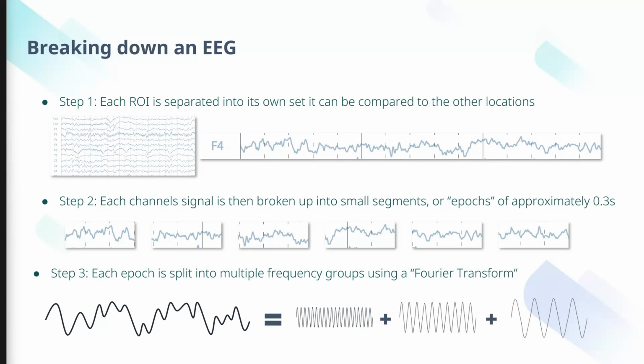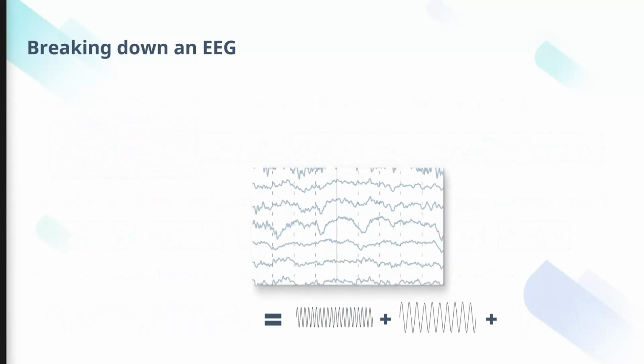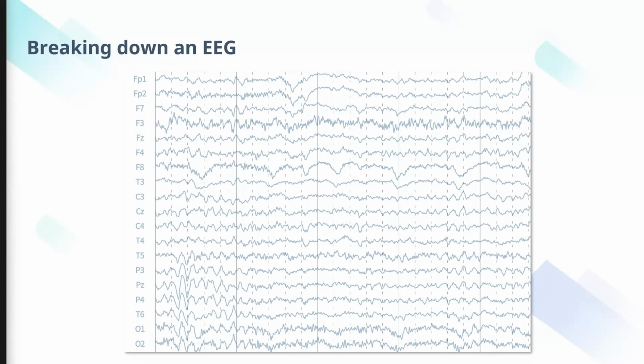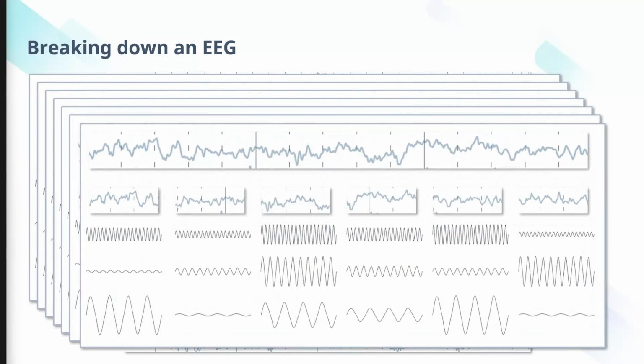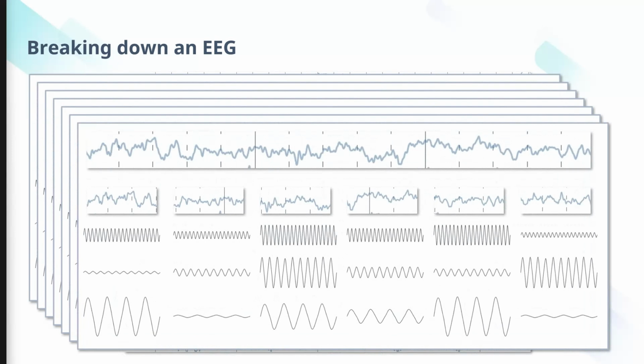We're not going to talk about the details of the Fourier transform today, but just know we're trying to take out how much beta is there, how much alpha, how much gamma, etc., and separate those into different signals. So with that whole breakdown, we're taking a bunch of data and splitting it, in our case, into 68 of these different signals, each broken up into maybe thousands of epochs.